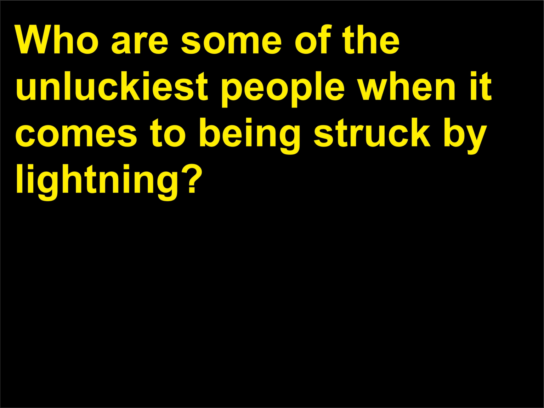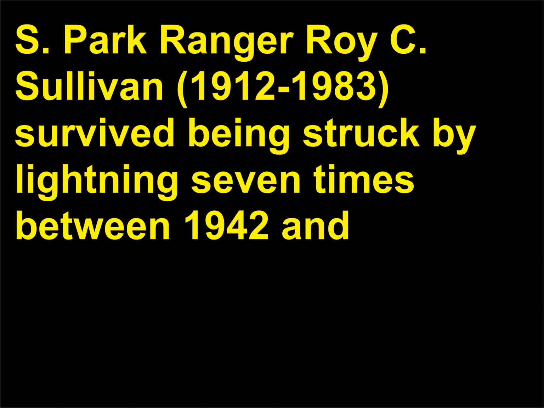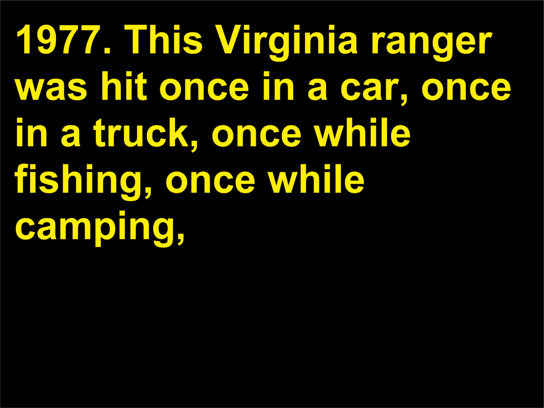Who are some of the unluckiest people when it comes to being struck by lightning? Park Ranger Roy C. Sullivan, 1912 to 1983, survived being struck by lightning 7 times between 1942 and 1977.